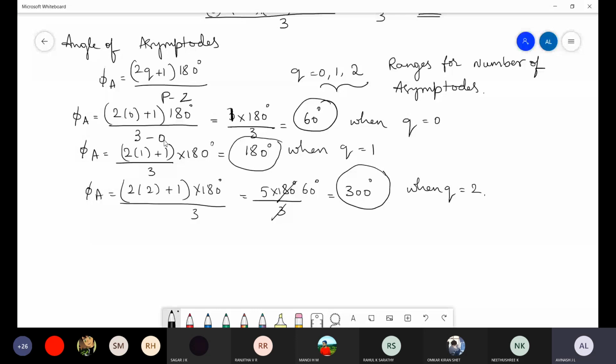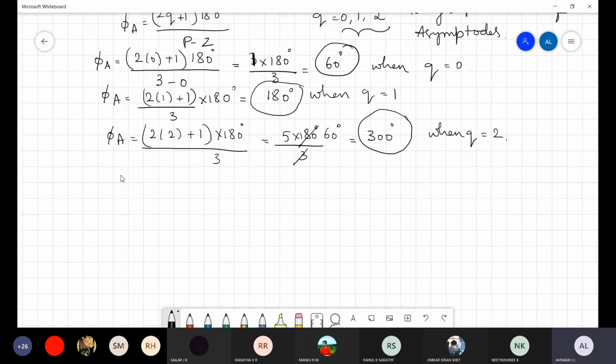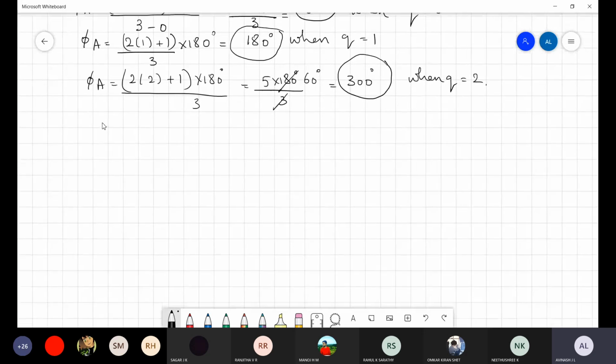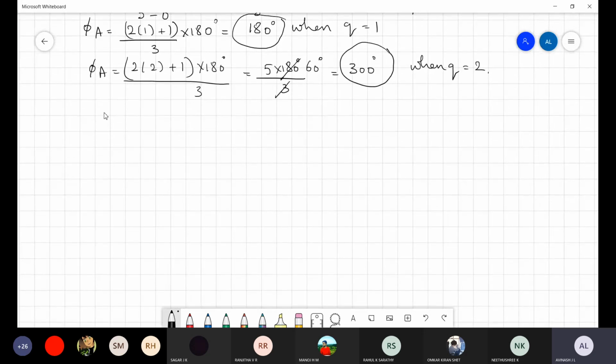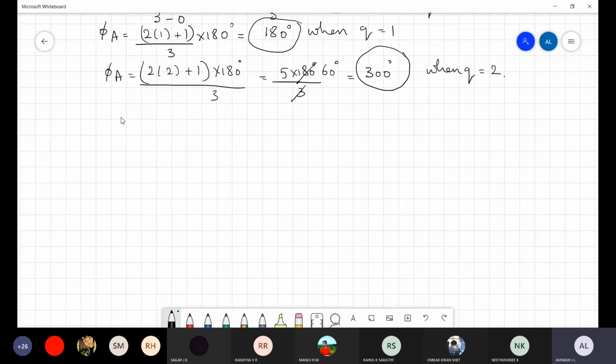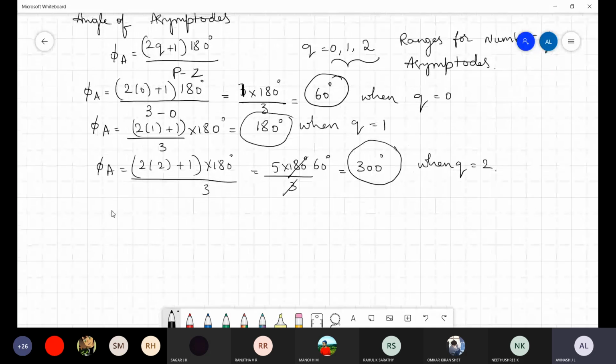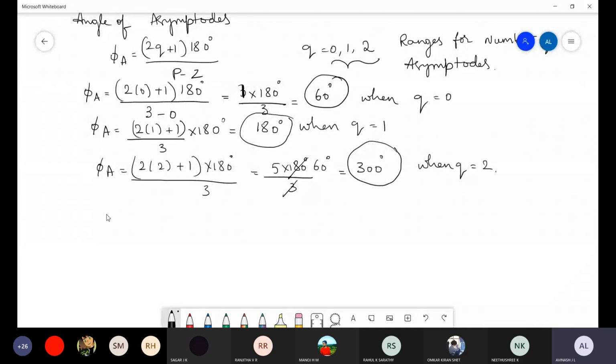Is it clear to you? So after finding the number of asymptotes, we can go for the next thing, that is step number 7. After step number 6, we go for step number 7. So what is step number 7 saying?